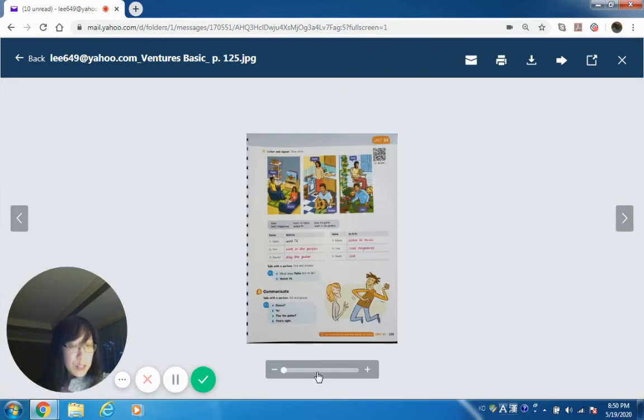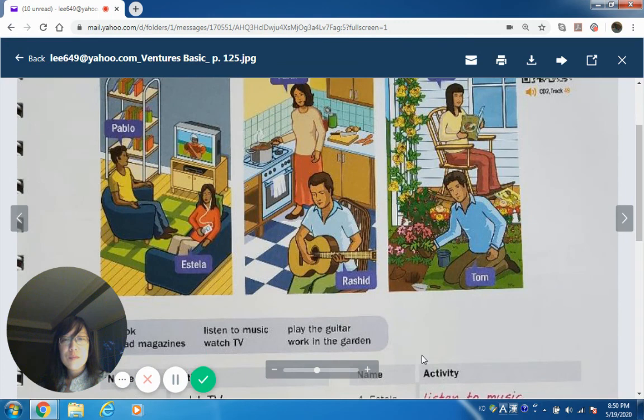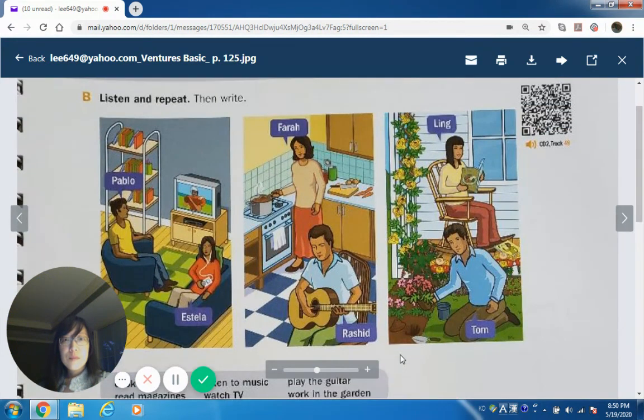So let's go to the next page. 125. Listen and repeat. Page 125, Lesson B. Exercise 2B. 1. What does Pablo like to do? Watch TV. 2.